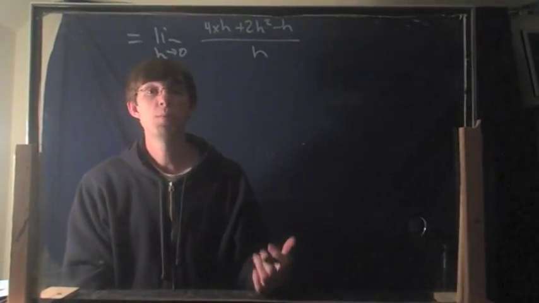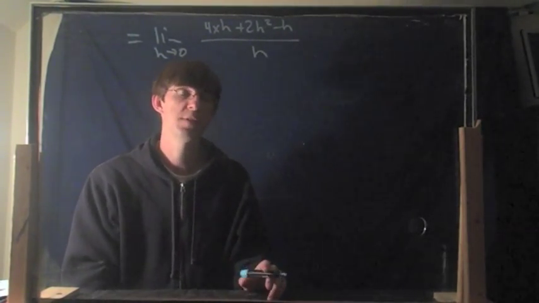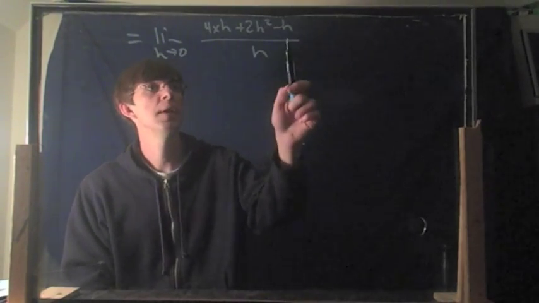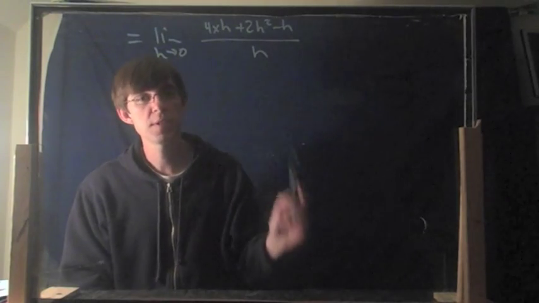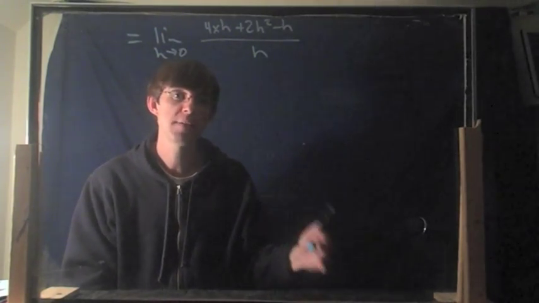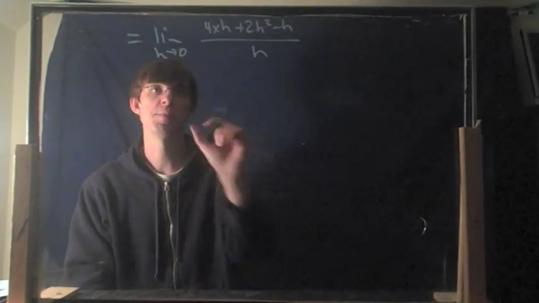This is looking pretty good. What should we do now? We're going to do what we did at the last step in all the examples with these kinds of problems, and that is factor the h out of the top. Isn't it nice that everything which remains in the top has an h on it? If you get to this point in the problem and you do not have h in every term in the top, you probably did something wrong.